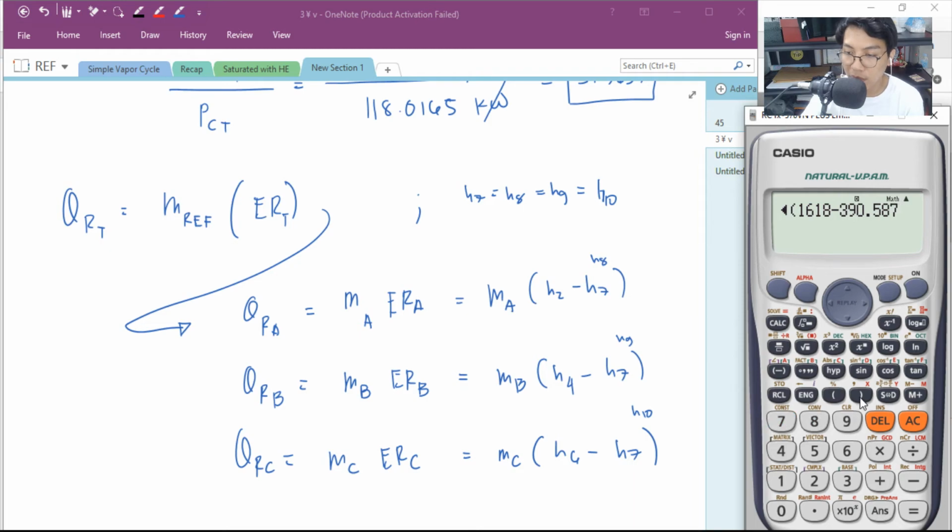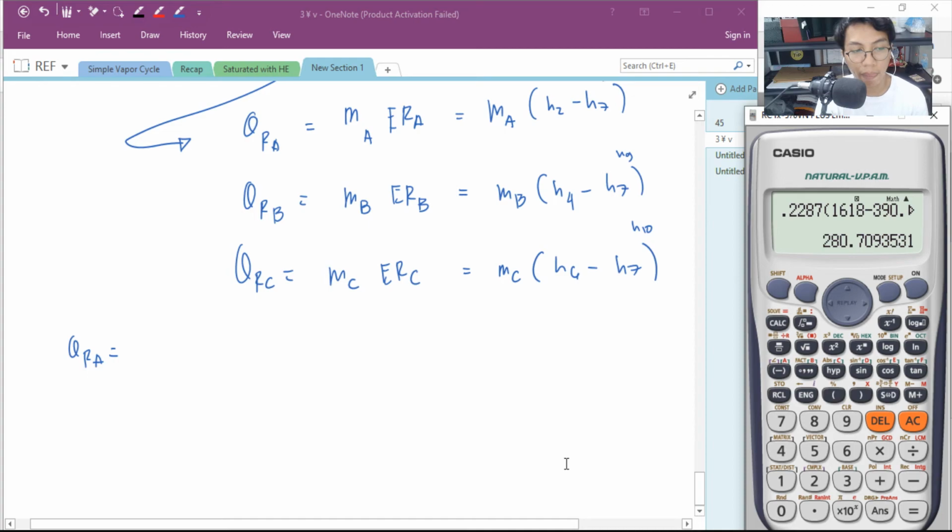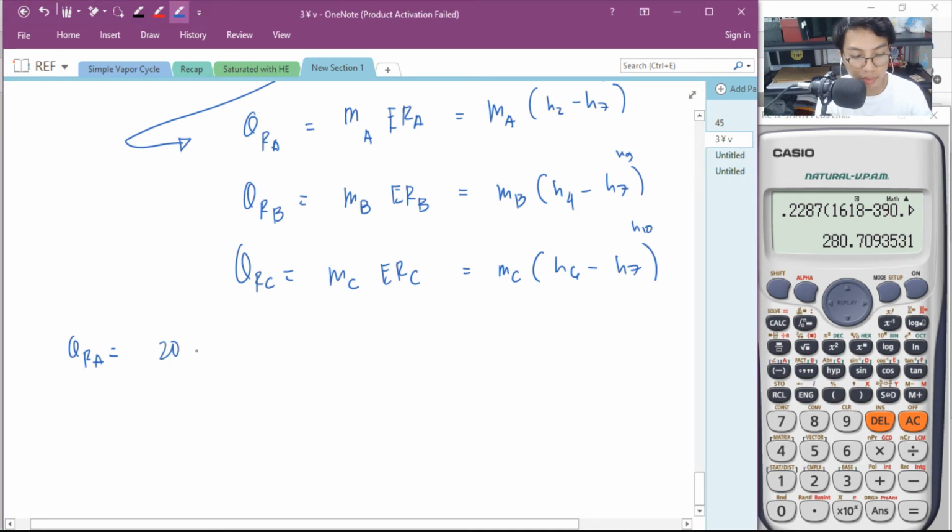Yun lang naman mababago dyan, tsaka yung mass ng refrigerant. That is 280.7094 kilowatts. QRB.